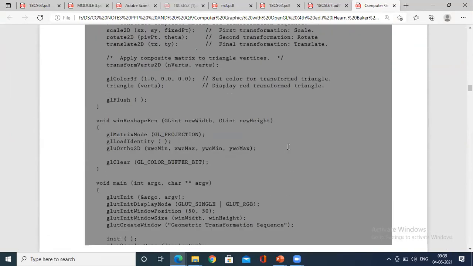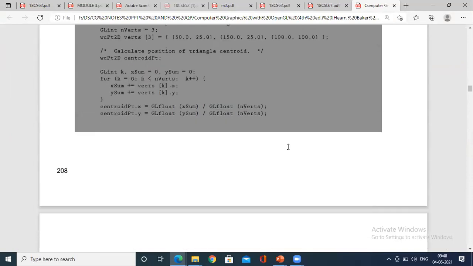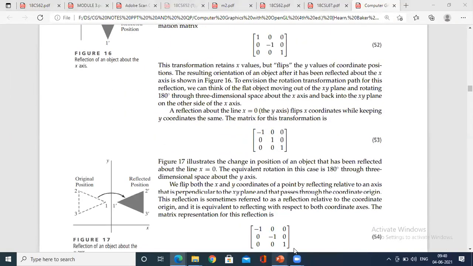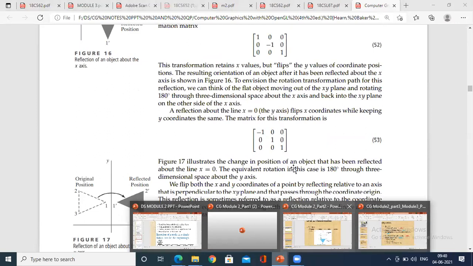Then the next concept we need to go with is Cohen-Sutherland. So let me wind up this reflection so that we go to part 3.